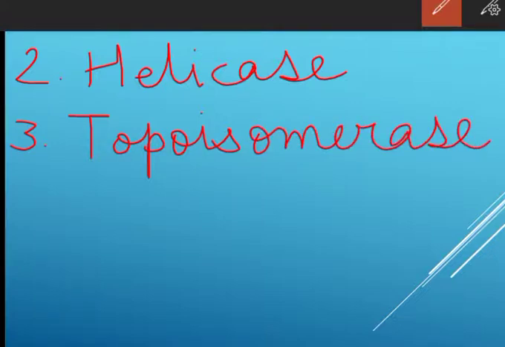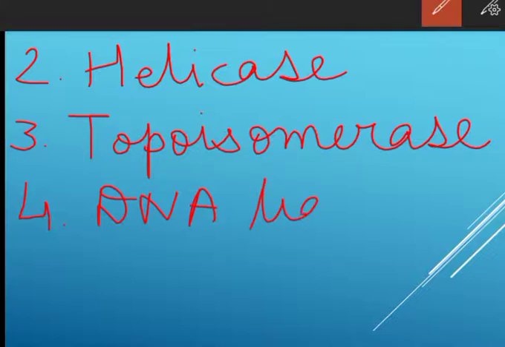The unwinding of DNA creates a tension in the DNA strands, which gets released by the enzyme topoisomerase. The fourth enzyme is the enzyme DNA ligase. It facilitates the joining of DNA strands together by catalyzing the formation of phosphodiester bond. It plays a role in repairing single strand breaks in duplex DNA.